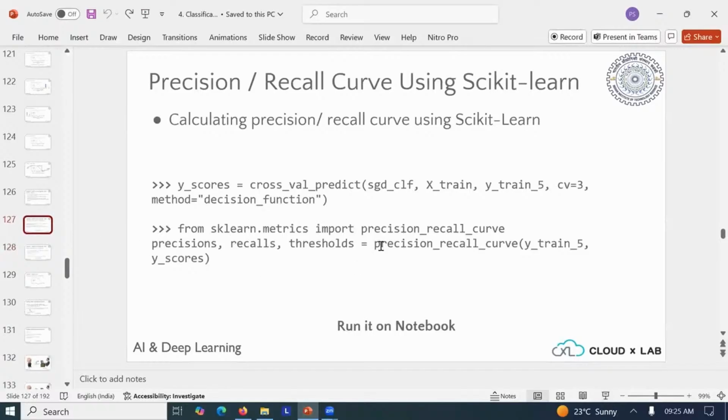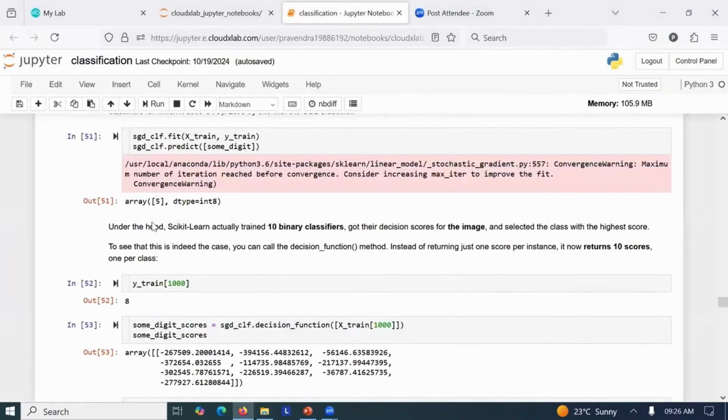Because it's a sorted one, yes. So here what will happen if you call this function precision_recall_curve? Okay, let me show you in Jupyter notebook.